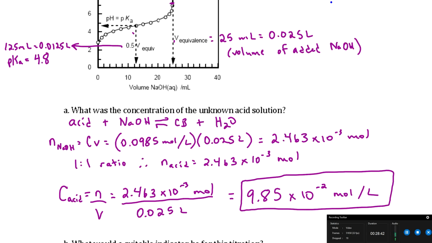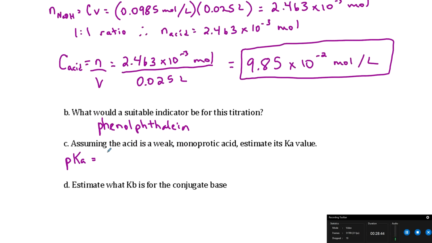We said that that was 4.8. So Ka is equal to 10 to the power of negative 4.8. So Ka would equal 1.6 times 10 to the negative 5.